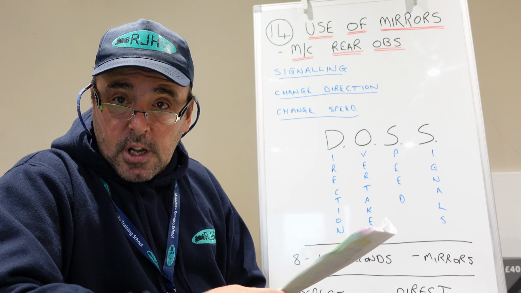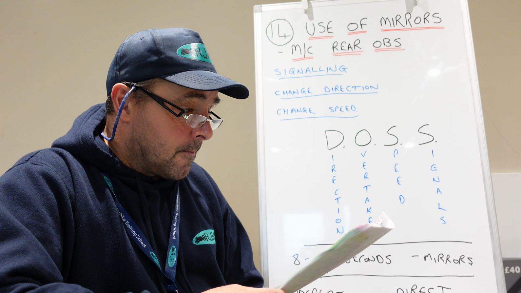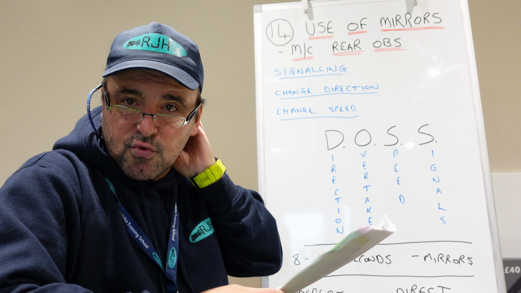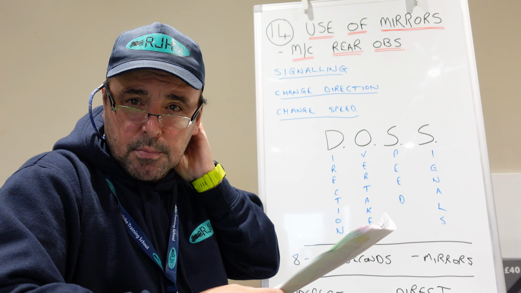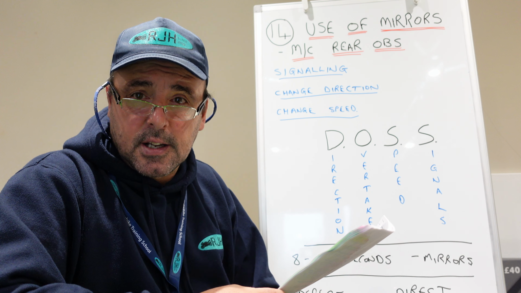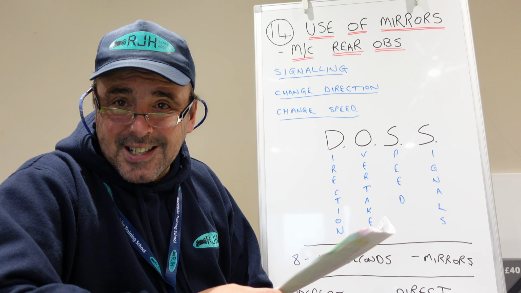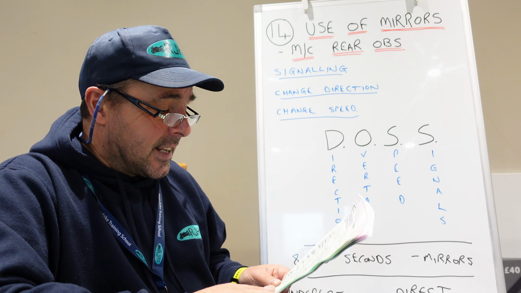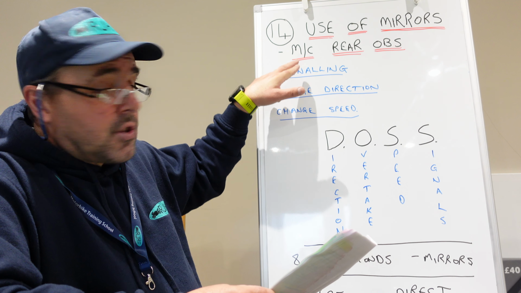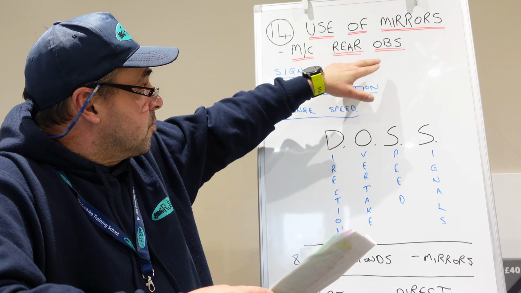Today's short video is following on from the riding test report. When you complete your Module 2 test, on your riding test report, section number 14 is use of mirrors and motorcycle rear observations.